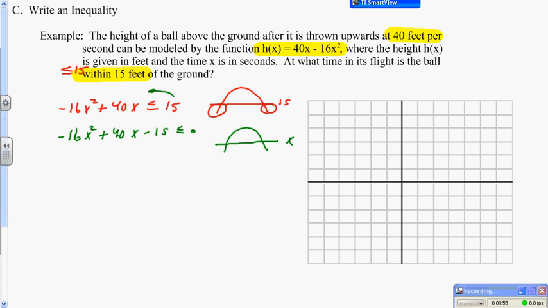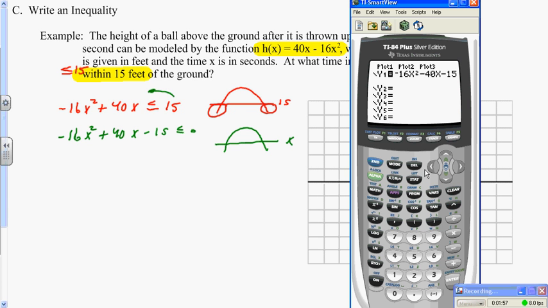So if we graph this, I go negative 16x squared plus 40, minus 15, and graph it, and there's our parabola.